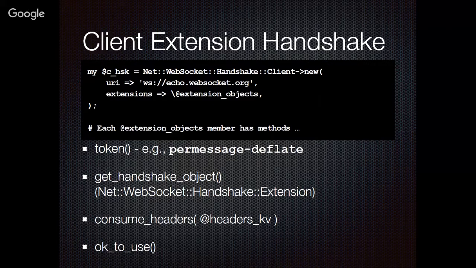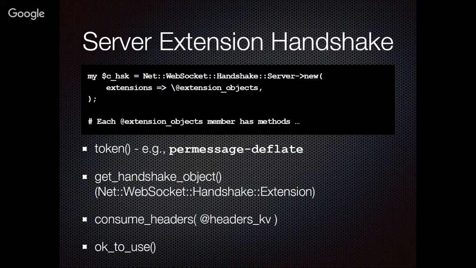There's a consume headers method, analogous to what the main handshake classes use. They have to consume headers and say, okay, this came in, so I'm going to configure myself that way. Or, this came in, that's invalid, I can't work with this. And then finally, a simple ability to say, yep, we're good to use this extension, or no. Likewise, the server has to do something similar.